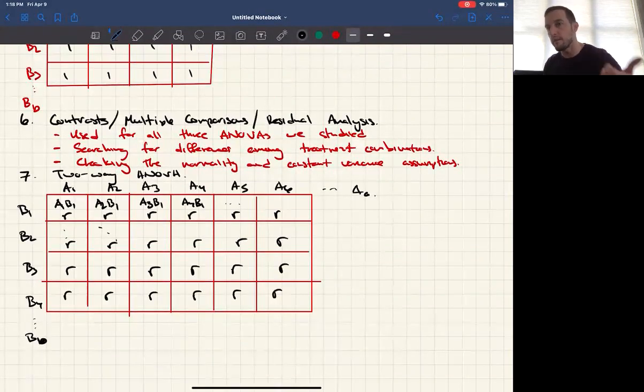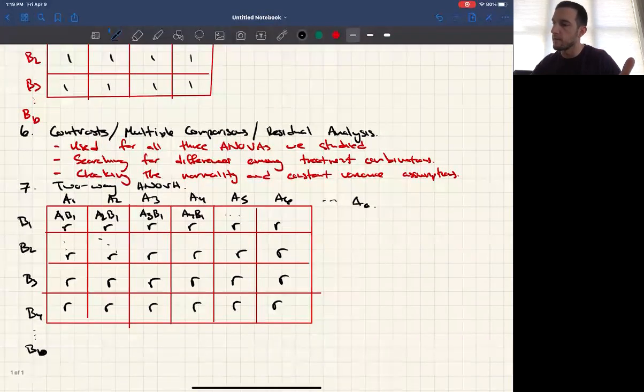So the two-way ANOVA is certainly a more complicated design because you have two treatments that are both of interest to you and you want to study the effect of both. It's also, again, different from the CRBD because you have replication within each of the grid points.